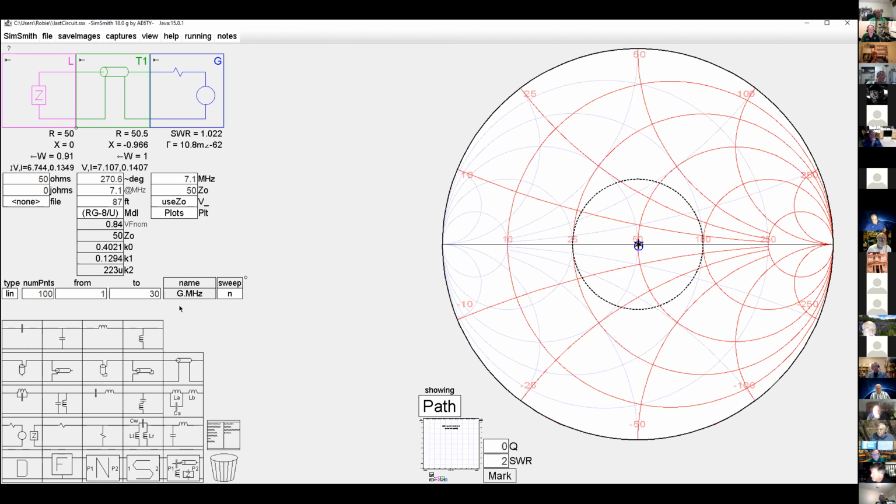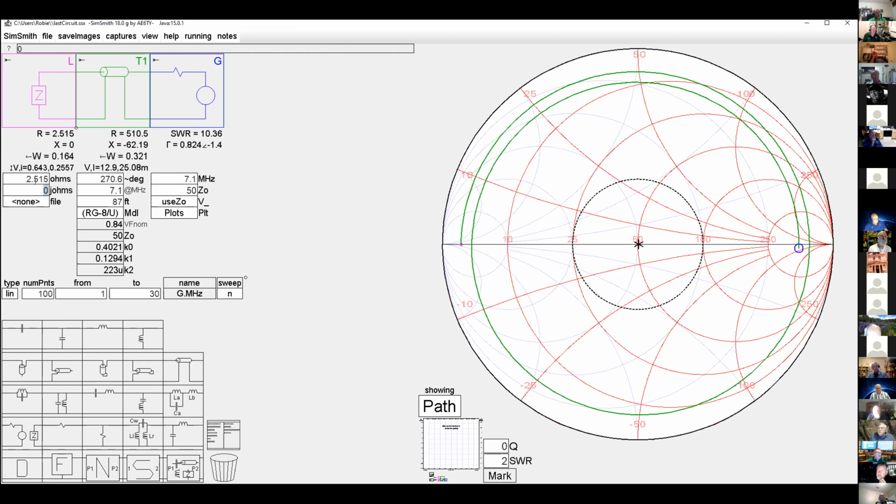So I take my VNA and go out and measure it at 7.1 megahertz. I find that my antenna is 2.515 ohms resistance, and 4.299 ohms reactance, and that's inductive. But that is here, not here. So I'm going to change this value to 0.